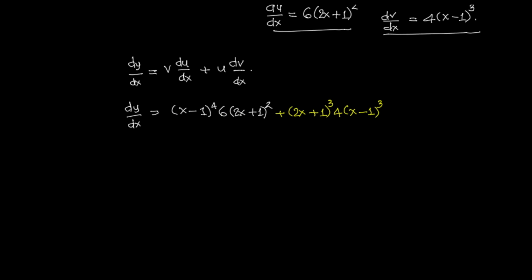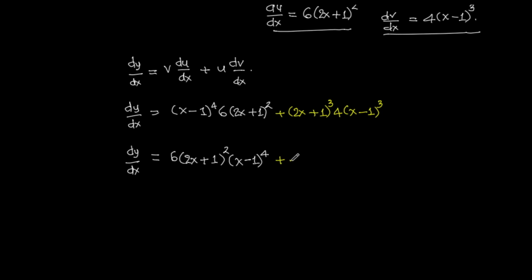Now we can go ahead and switch back to our white color. So dy by dx equals, so we start with 6, and then we take the component with the smaller power, and that is (2x plus 1) to the power of 2, and then the component with the bigger power here is (x minus 1) raised to power 4. Then again the other side we do the same.